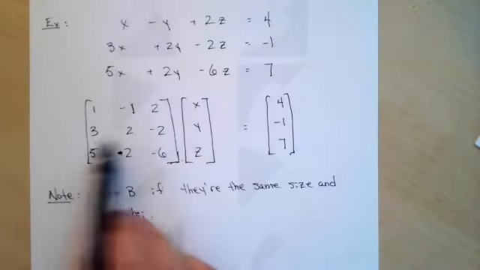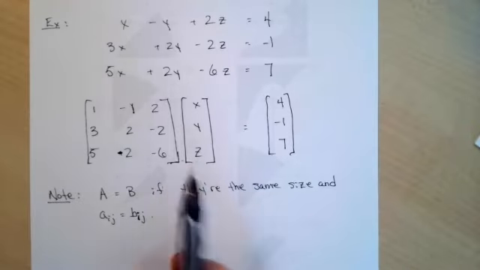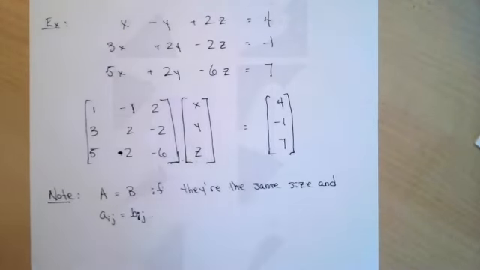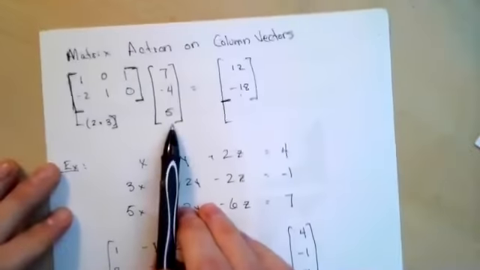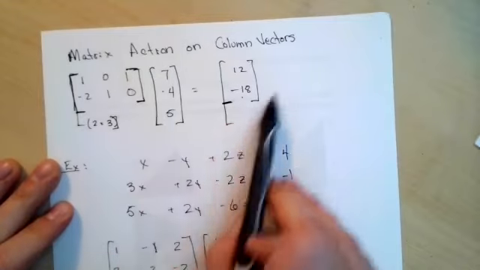So this is essentially how we're going to get this equality. This matrix times our matrix of independent variables, what is that going to give us? That will give us a new column vector, just as we saw over here. A matrix acting on a column vector will give us a new column vector.